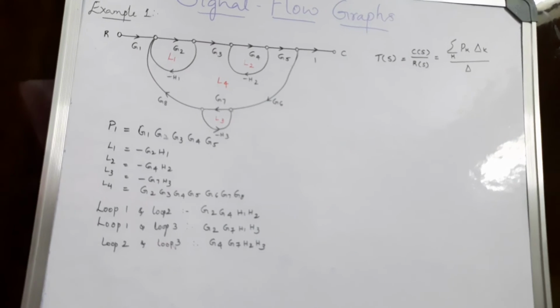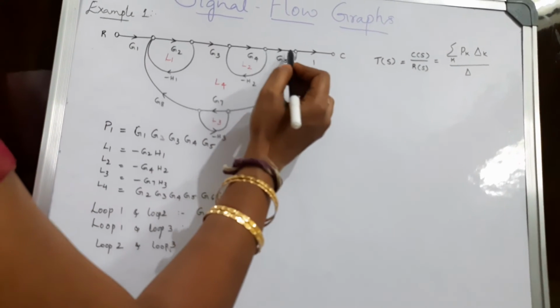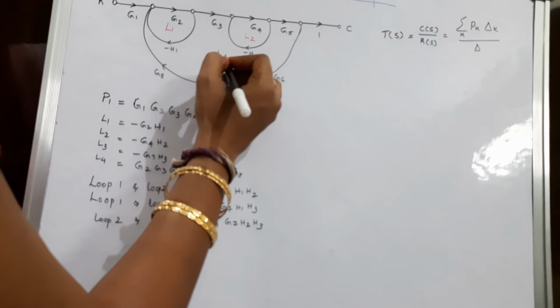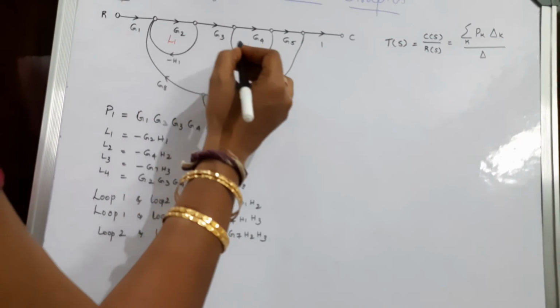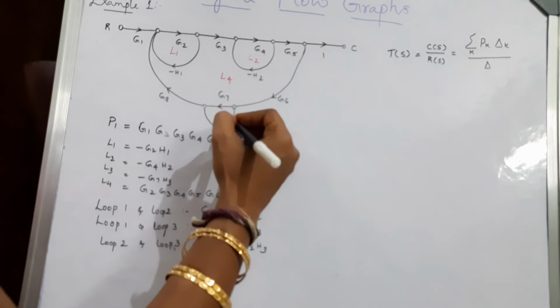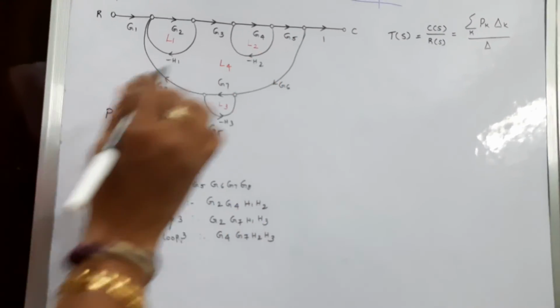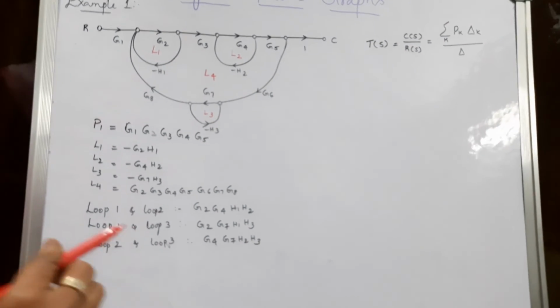Any other loop combination? Now I can take L4, because this is also one of the loops. But if you see here for L4, L1 is touching, L2 is touching, L3 is touching. So I can't consider the combination of L4 with any of these 3 loops. Hence that combination does not exist here.